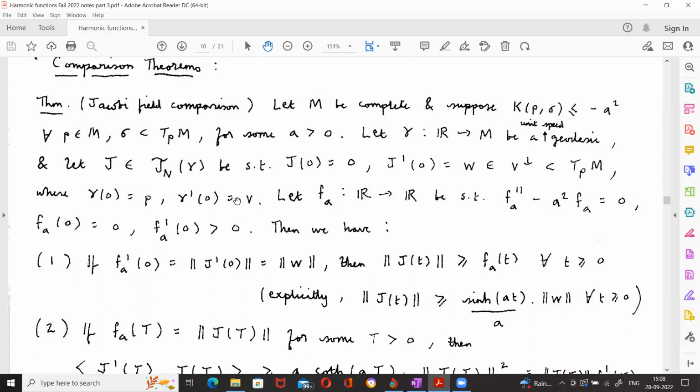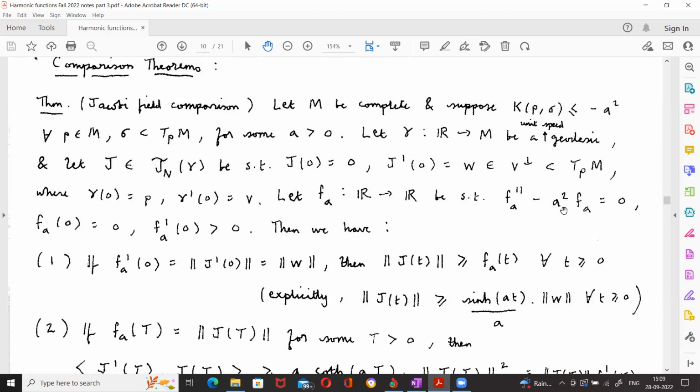Then we want to say that the norm of J grows at least as fast as the solution to the ODE where you replace the curvature by the upper bound, minus a squared. So you let f_a be a solution to this ODE, f_a'' minus a squared f_a equal to 0.